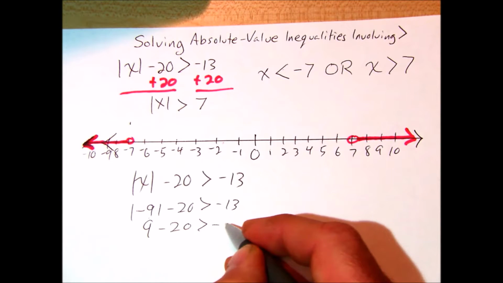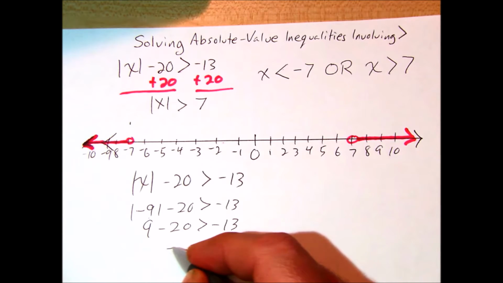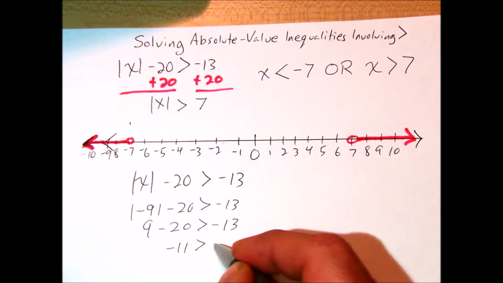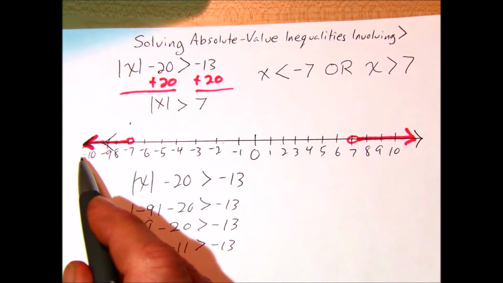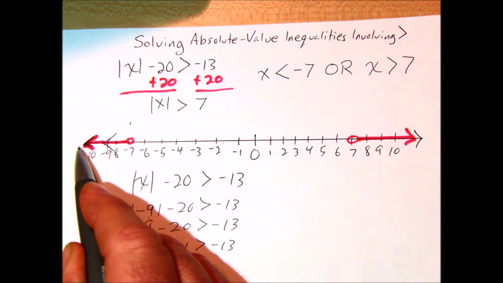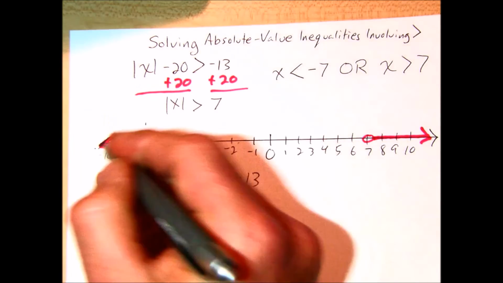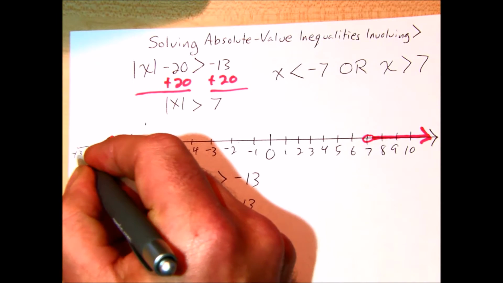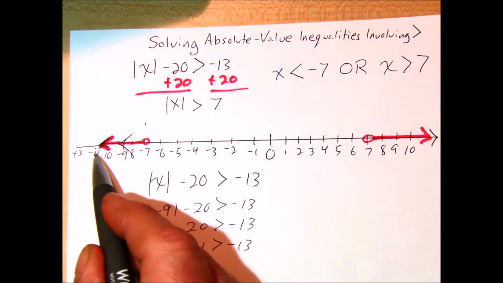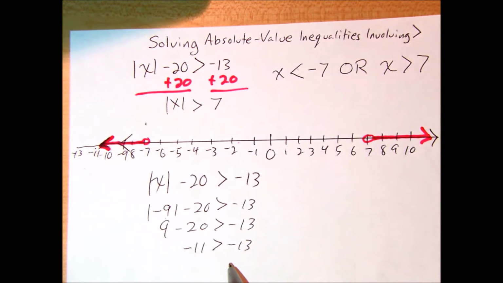It's greater than negative 13. So this gives me negative 11 is greater than negative 13. So think about that. Negative 11 would be here, negative 13 would be here. So this is larger than this value. So that's a true statement.